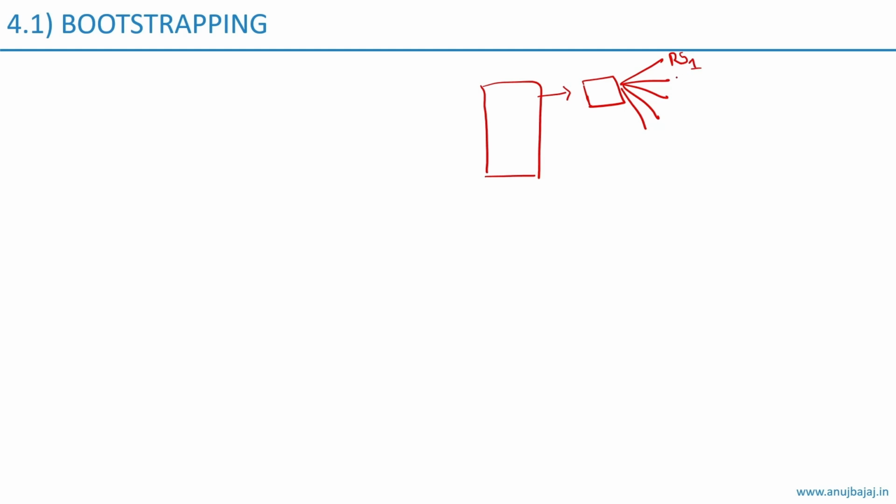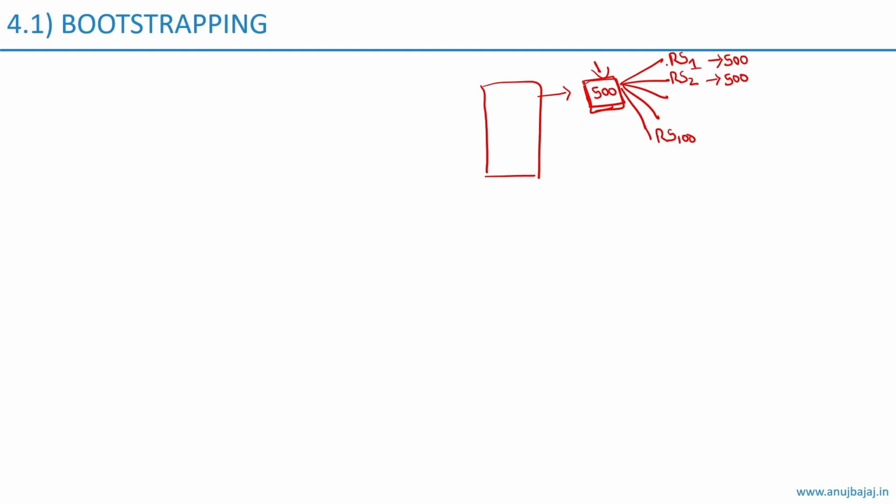So we have resample 1, we have resample 2, and suppose we take 100 resamples from the original sample, and the size of each resample will be the same as the original sample. Suppose the original sample had a size of 500, so each resample will also have a size of 500 observations.